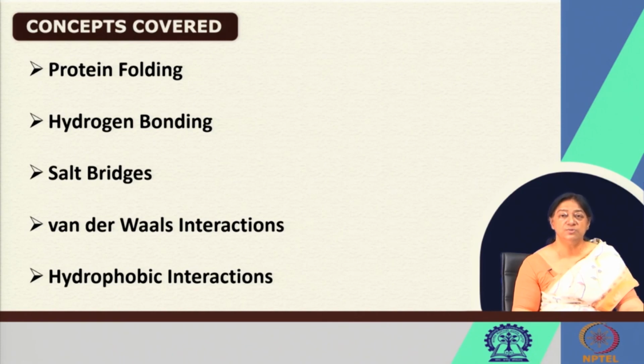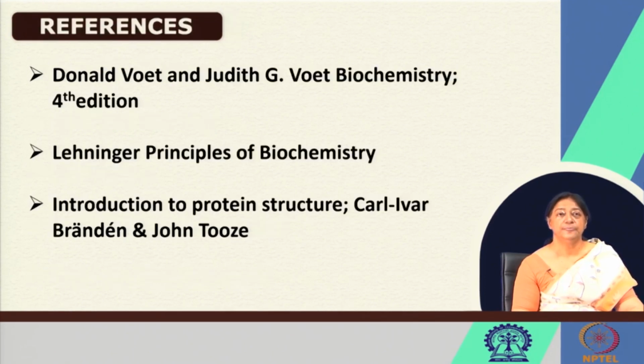The salt bridges, where we would look at electrostatic interactions and what kinds of residues again could be involved in these salt bridges, van der Waals interactions and hydrophobic interactions. So, these are the concepts that we looked at. We will look at further interactions and a further understanding in our next lecture.